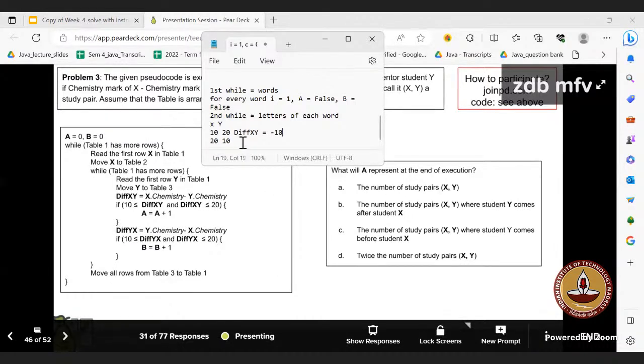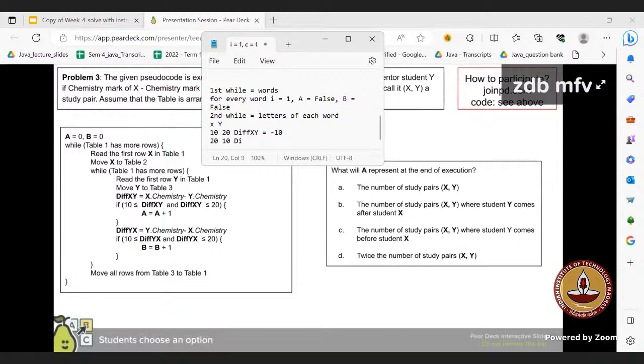Then, in that case, difference xy will be 10 and it will be counted as a pair, right? Yes, ma'am.